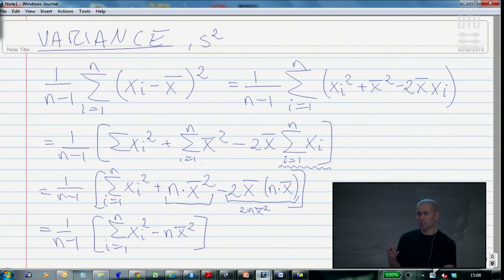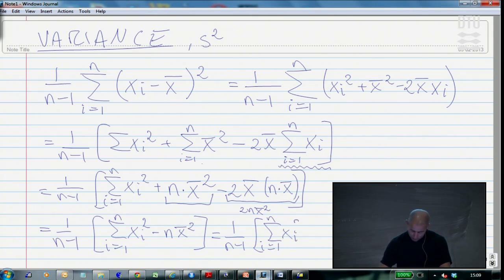Finally, to make it into the formula which can be found many places, we need to rewrite this last part. Let me just put the first part first: the sum of xi squared.